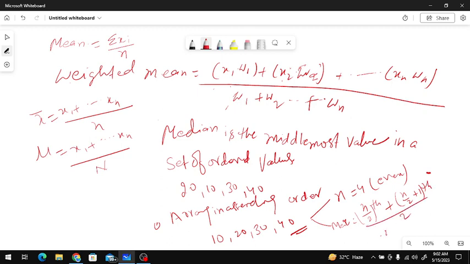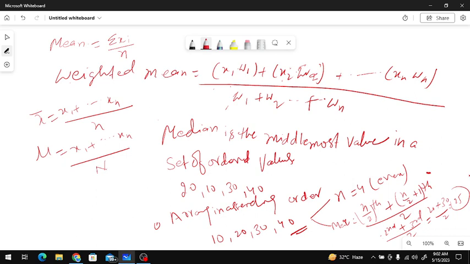So n is 4, meaning the second observation plus the third observation, divided by 2. So the second and third are 20 plus 30, divided by 2, which is 50 by 2, meaning 25 is your median.